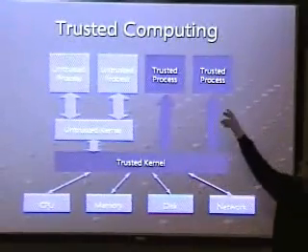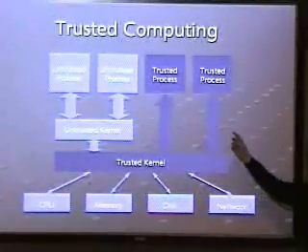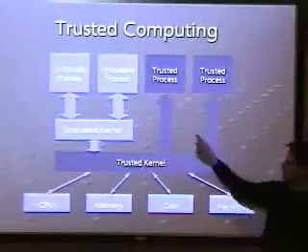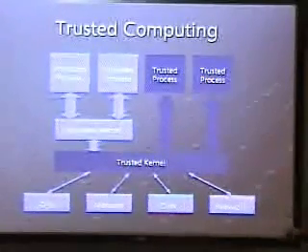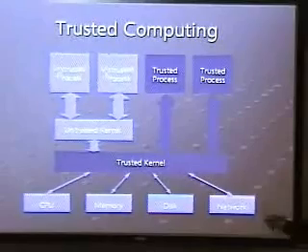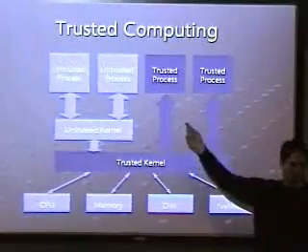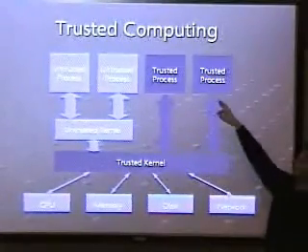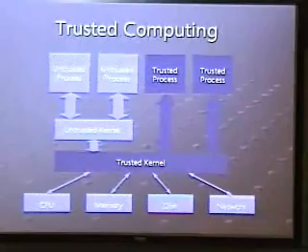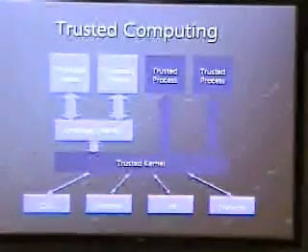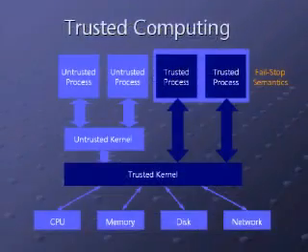So these two trusted processes are basically isolated from these untrusted processes. And the idea is that if an adversary compromises one of these untrusted processes, he cannot infect one of these trusted processes that would be used for the network routing.